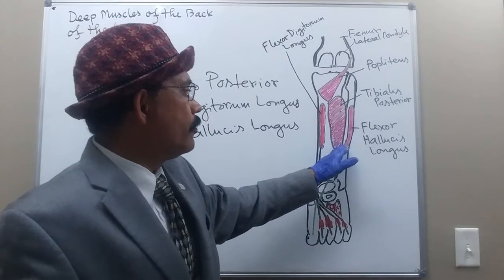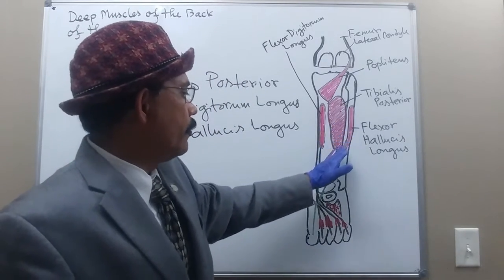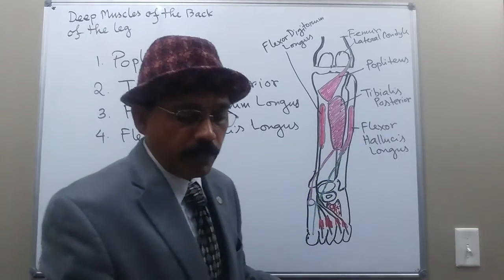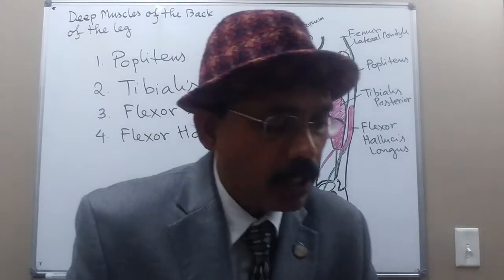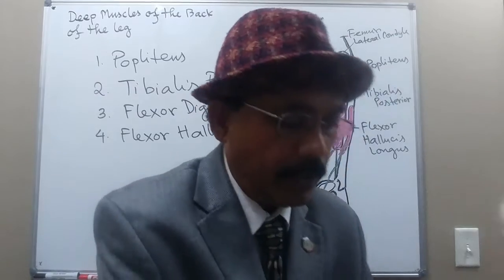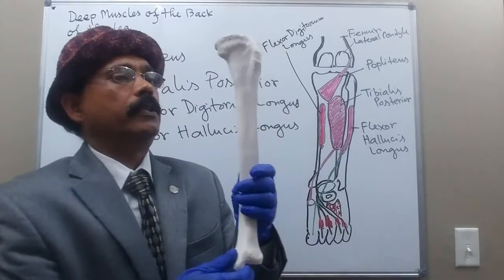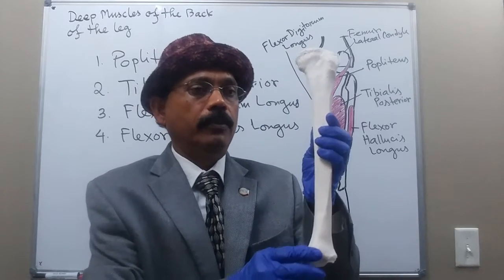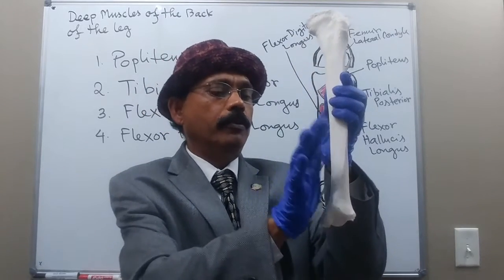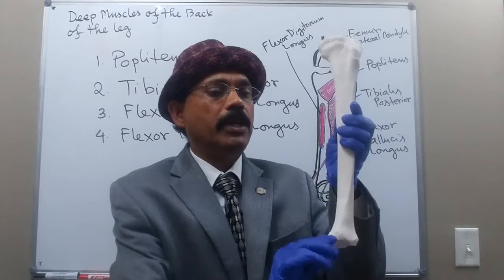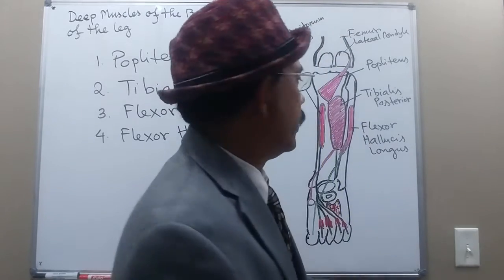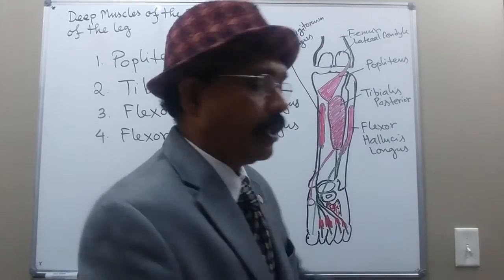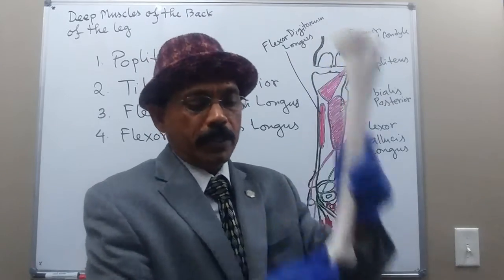These three muscle tendons go behind the medial malleolus. This is the medial malleolus of the tibia.